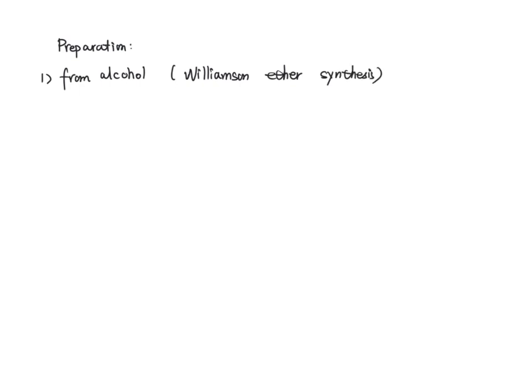So make sure that this is the first named reaction we learn here. Williamson ether synthesis. So the whole idea here is if you start with an alcohol and you throw in a strong base, and then after that you throw in an alkyl halide, what you will have here is you form the ether.